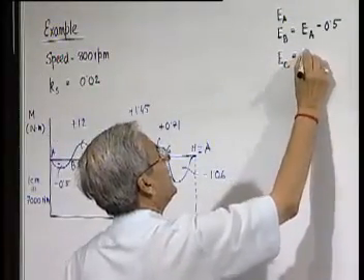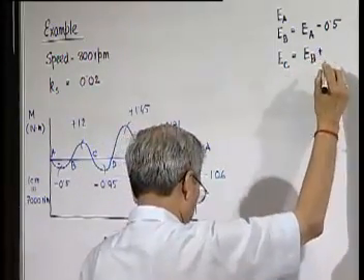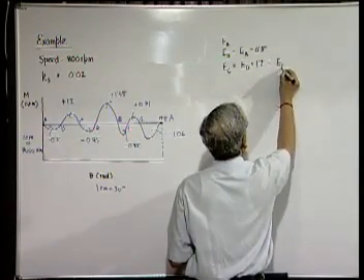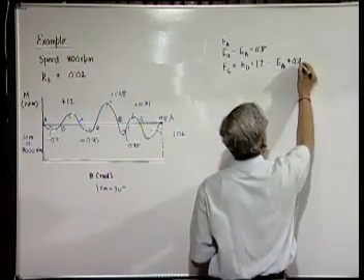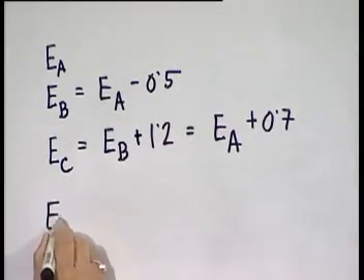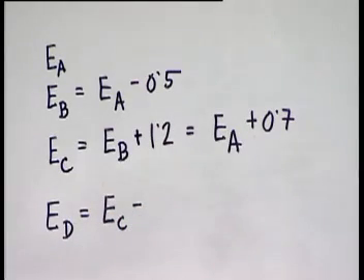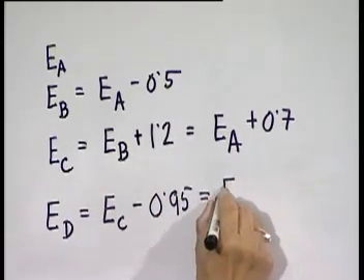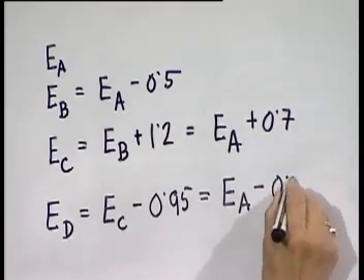EC will be EB plus 1.2, which is effectively EA plus 0.7. E at D will be E at C minus 0.95, which means it will be E at A minus 0.25.